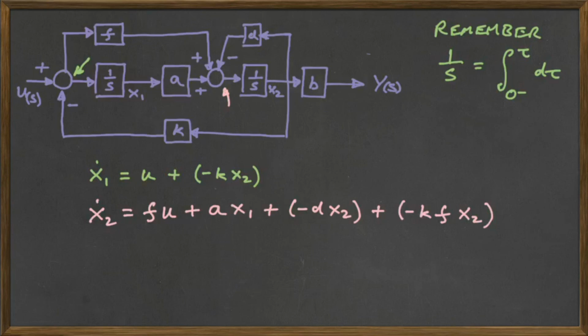That's the first one there with the plus sign and the f on top. Then there is the straight through path or direct path, which is actually a times x1. If you look at the one coming in through the a, you'll see that that's just a times x1. They're the easy ones to spot.